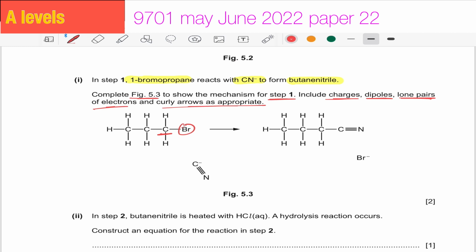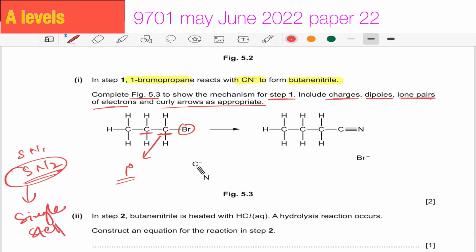So this carbon has only one carbon directly attached, so that means this is a primary halogenoalkane. If we have a primary halogenoalkane, we have 2 different mechanisms for nucleophilic substitution. It could be either SN1 or SN2, but because it is a primary halogenoalkane, the reaction would occur through the SN2 mechanism, which is a single step reaction. So both bond breaking and bond making will occur in a single step.